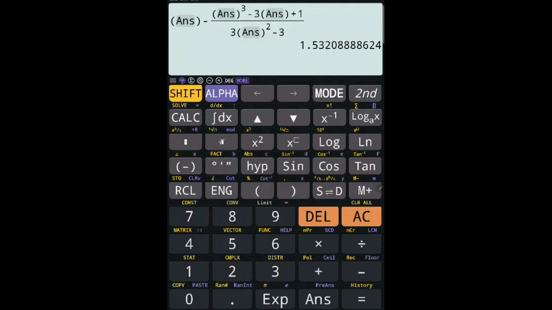According to our decimal places, we just needed to compute up until the fifth solution. If we press answer again, we see that it gives us the same solution. So we say that this converges in 5 or 6 steps. And that is how you would efficiently do this on your calculator.